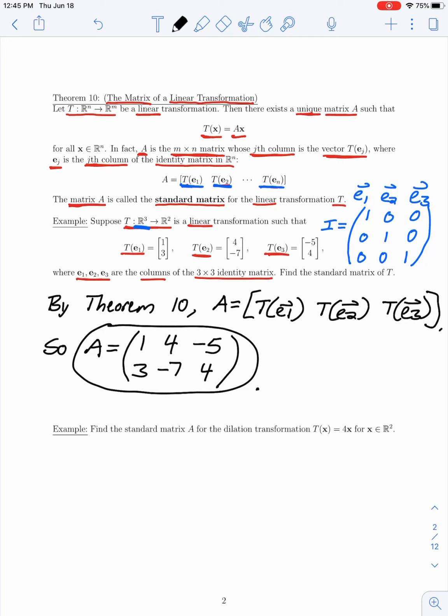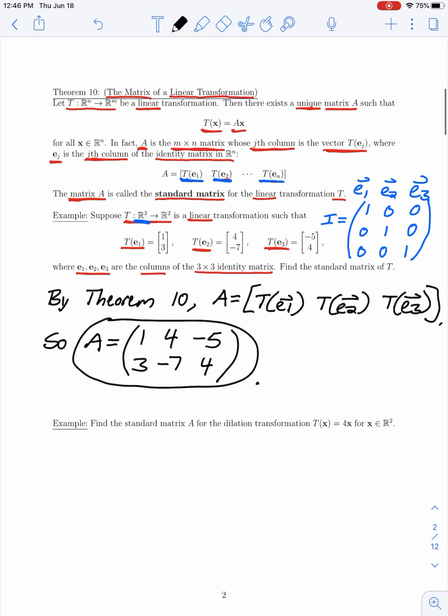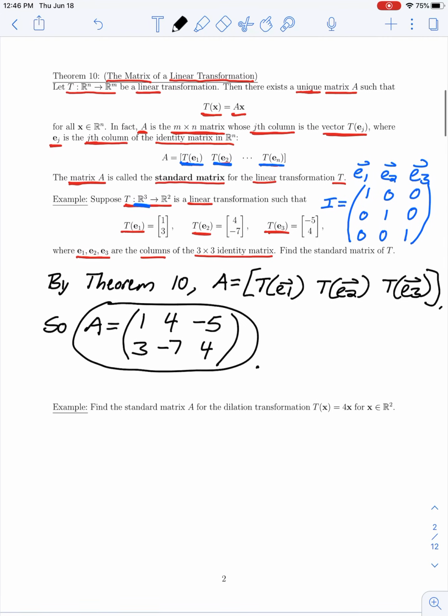So again, this example illustrates that as long as we know the image of these so-called standard basis vectors, E1, E2, or maybe E1, E2, E3, depending on what space we're mapping from, we can find the standard matrix. So let's look at another example, maybe a little bit trickier.